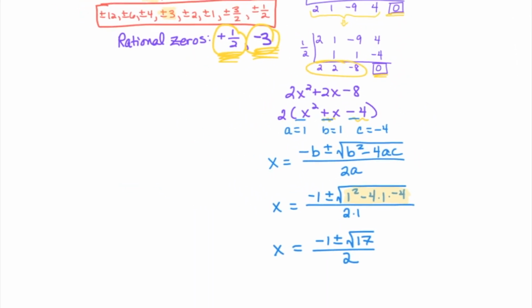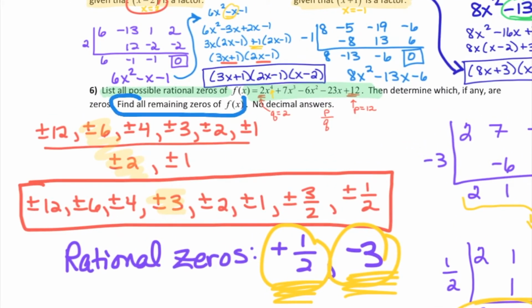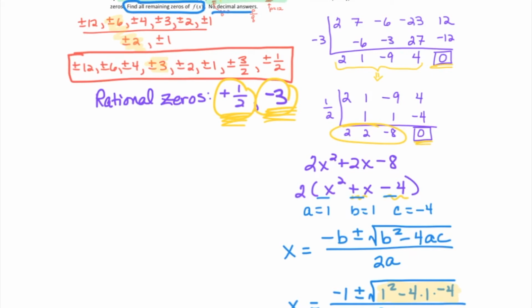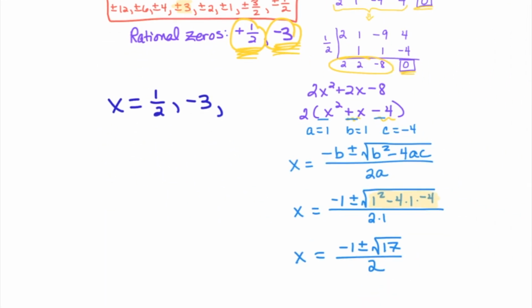And the problem is asking, I worked way down there, didn't I? The problem is asking you to find all remaining zeros of f of x and no decimal answers. And what I like to do, just to make sure that I see all 4 of the solutions in the same place, is I like to write x equals positive 1/2, negative 3, and it was negative 1, right?